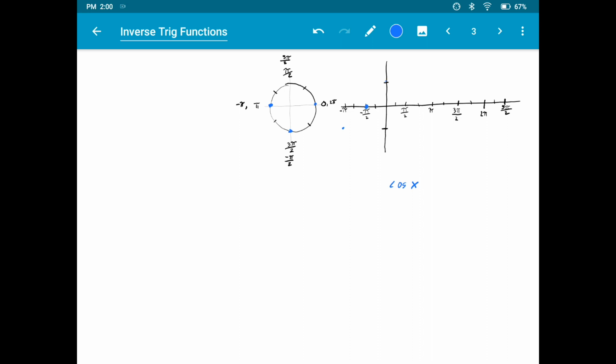At 0, the cosine of 0 is 1. Cosine of pi over 2 is 0. The cosine of pi is negative 1. The cosine of 3 pi over 2 is 0. The cosine of 2 pi is 1. And the cosine of 5 pi over 2 is 0. And that gives me a function that looks like this.